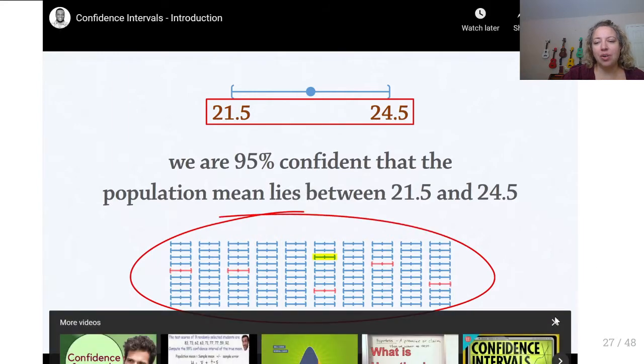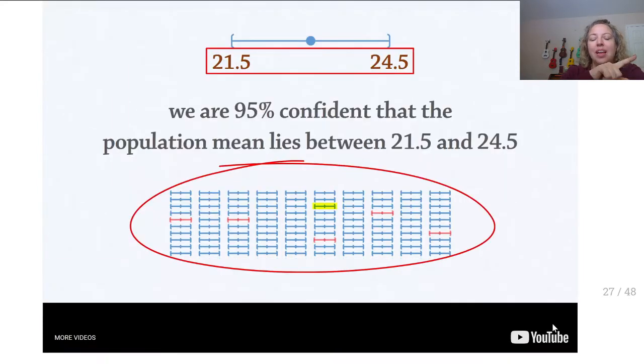Okay, so I want us to look at this figure here. If we took 100 different samples, each of those 100 samples would have its own confidence interval because it would have its own mean and its own standard deviation. They would likely be similar to each other, but not exactly the same if we're going out to more than 1 or 2 decimal places.